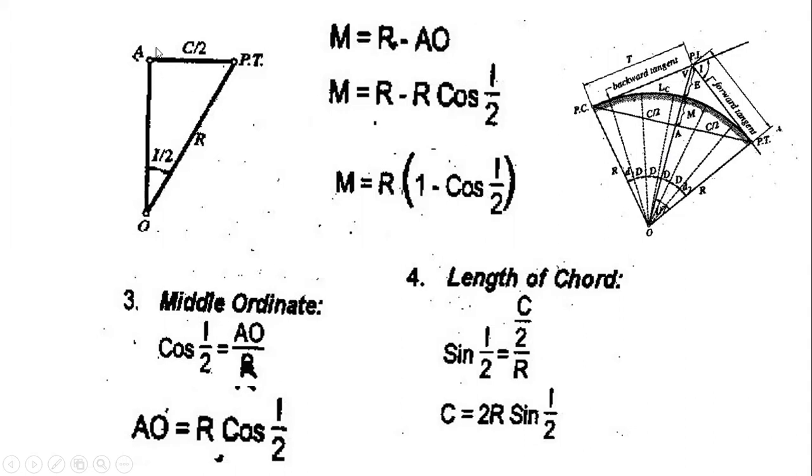That's why this segment is LC over 2, or C over 2. Then just use the sine function. So sine of I over 2 is equivalent to C over 2 over R. Then just isolate C for the length of chord. This is equivalent to 2R sine I over 2.